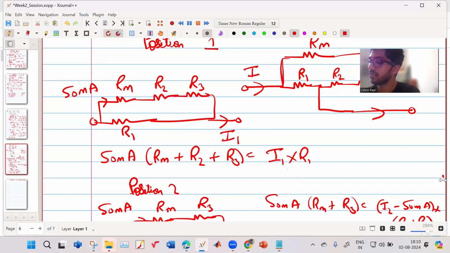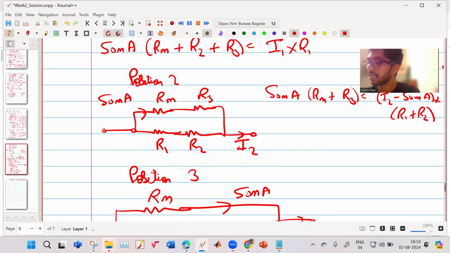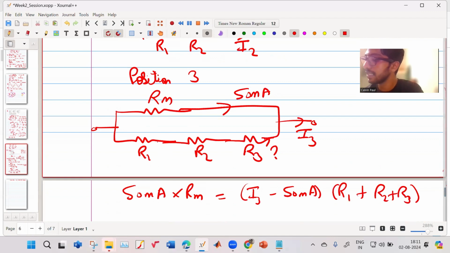If this carries 50 milliampere, then R1 will carry some amount of current. In position 2, it will carry 50 milliampere, but there will be more resistance to the current because R1 and R2 are coming in series, so lesser current will flow. In position 3, R1, R2 and R3 all are coming in series, so even lesser current will flow.